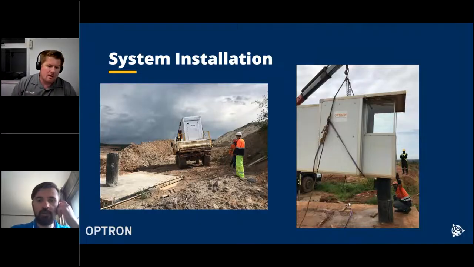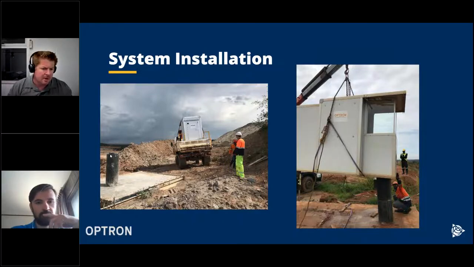For total stations, do you always recommend a concrete pillar for stability, or do you do other types of mounting? If the client wants to build their own pillars, we prefer, like you can see here, an HDPE pipe that's filled up with concrete and reinforcing steel as well. What we also do offer is a steel pillar with quite a wide base that we can mount to a concrete slab, and then we fill up that beacon with soilcrete, a mix of sand and cement.